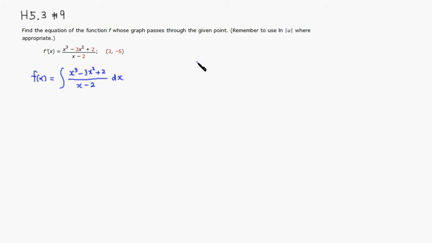So x cubed minus 3x squared plus 2. There's no x term, so I'll leave a space there. Then we divide it by x minus 2. Then you have x cubed.